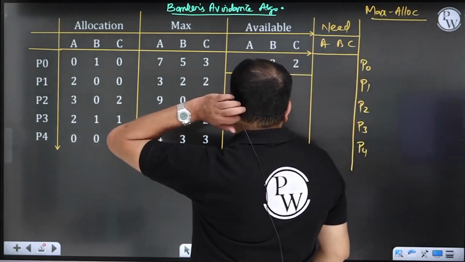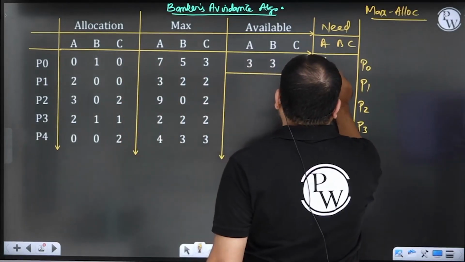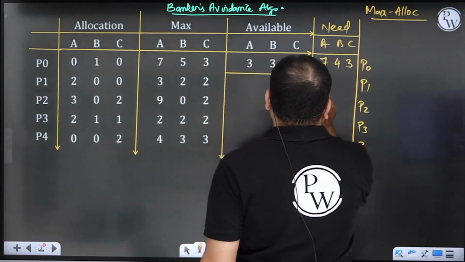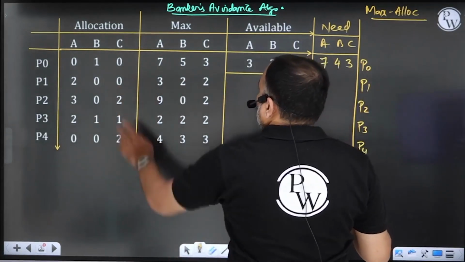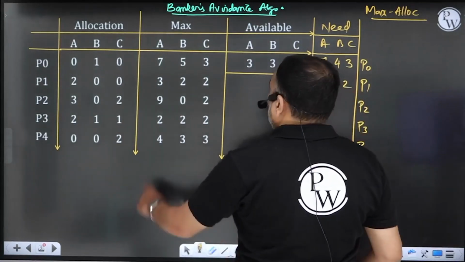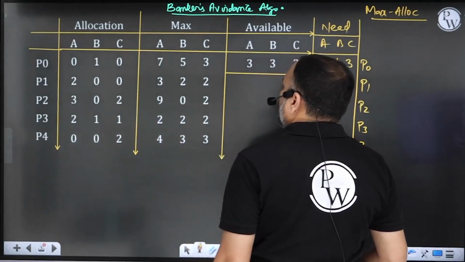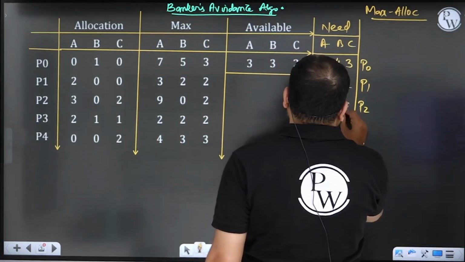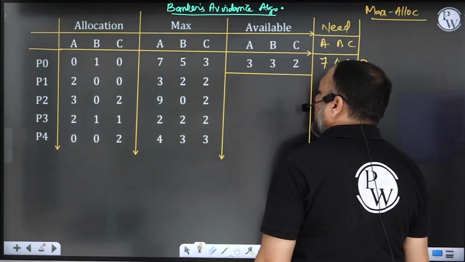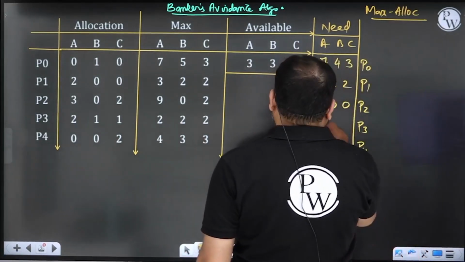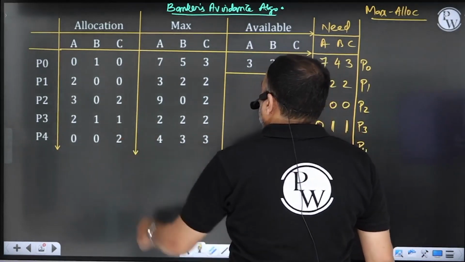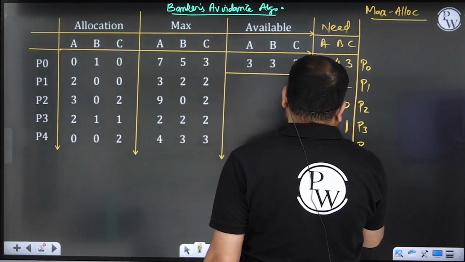So 743 will be the need of process P0. Next, P1: 322 minus 200, 122. P2: 902 minus 302, 600. P3: 222 minus 211, so it becomes 011. And P4, 431. This is my need.